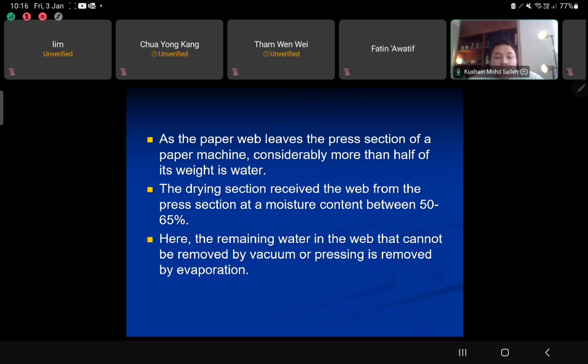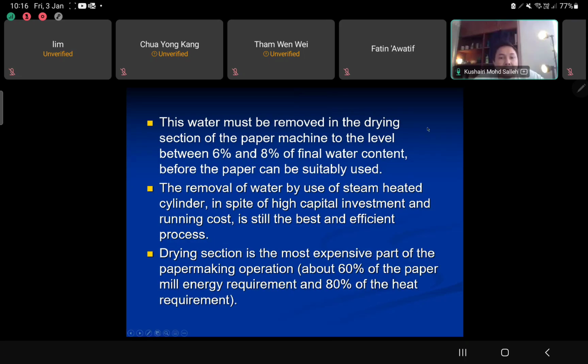So here the remaining water in the web that cannot be removed by vacuum or pressing is removed by evaporation. That's why we need to remove as much water as possible in the pressing section. This water must be removed in the drying section of the paper machine to the level between 6 and 8%, from 50 to 65%.